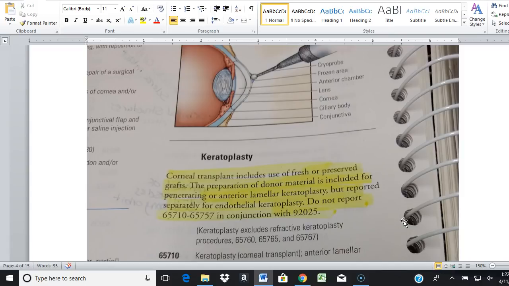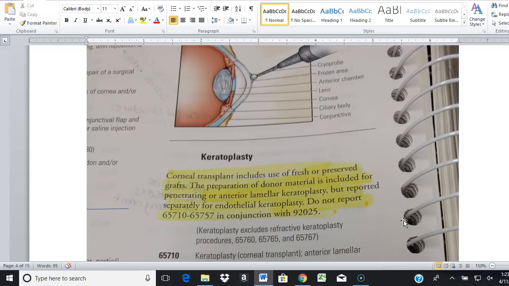So, they tell us corneal transplant includes use of a fresh or preserved graft. The preparation of a donor material is included for penetrating or anterior lamellar keratoplasty, but reported separately for endothelial keratoplasty.